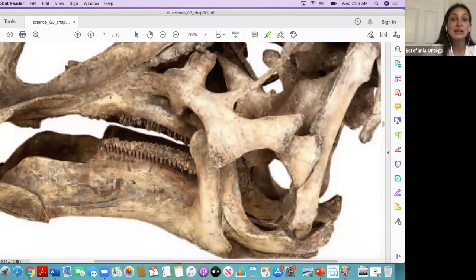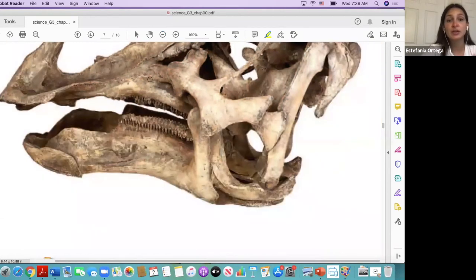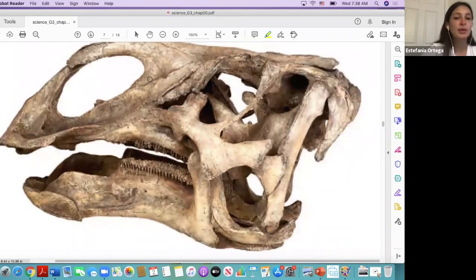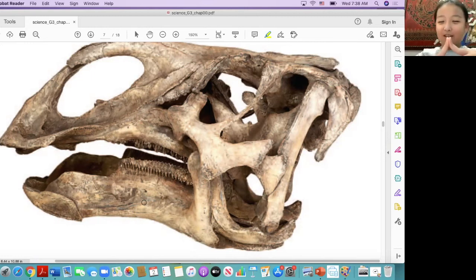Yeah, so these animals, as you can see by the size of their skulls, were very big animals. So if you look at our teeth, human teeth, most of them are pretty flat, right? We don't have these huge teeth like tigers, right? Like sharp teeth. We do have a few, which are like these right here.